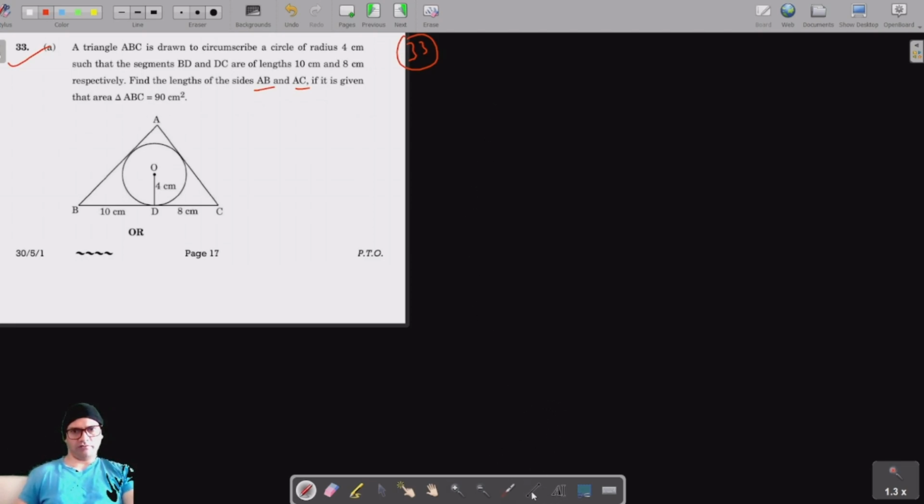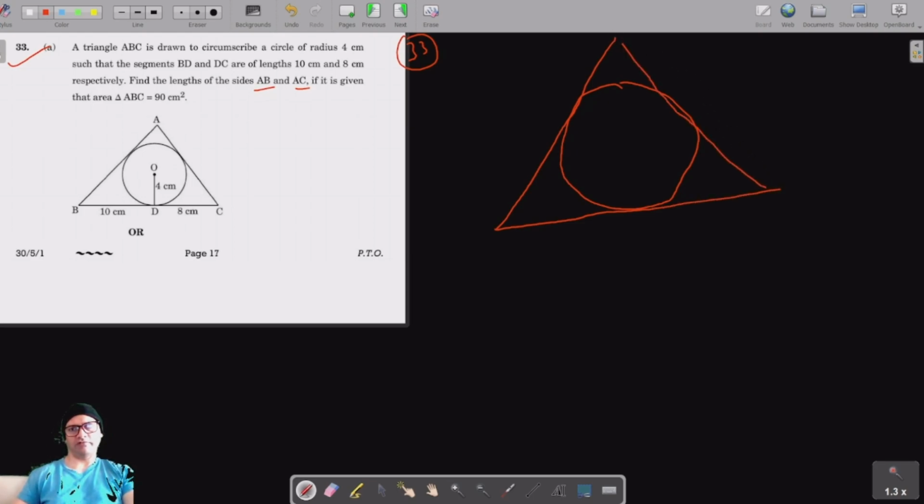So let's try to sketch this figure. The triangle has to circumscribe a circle. Let's say this is the circle, and these are the sides of the given triangle, and this is A, B, and C. O is the center, and D is the point of contact of the tangent BC.